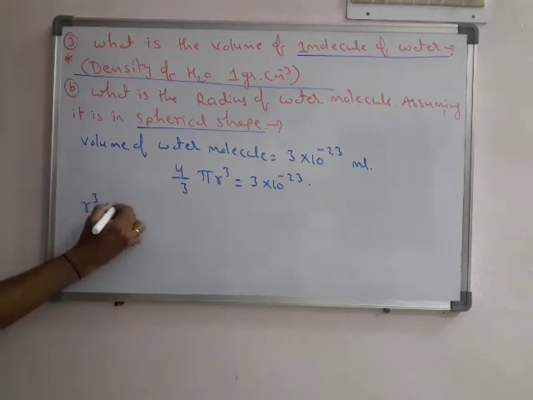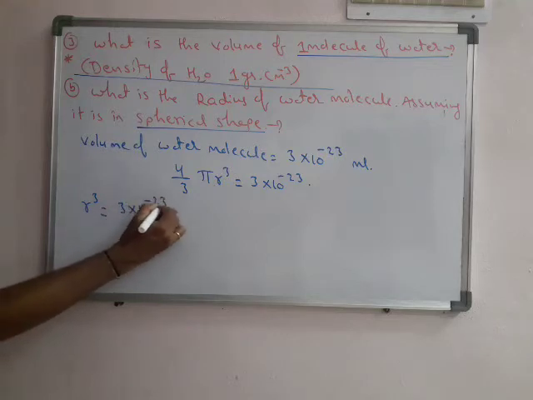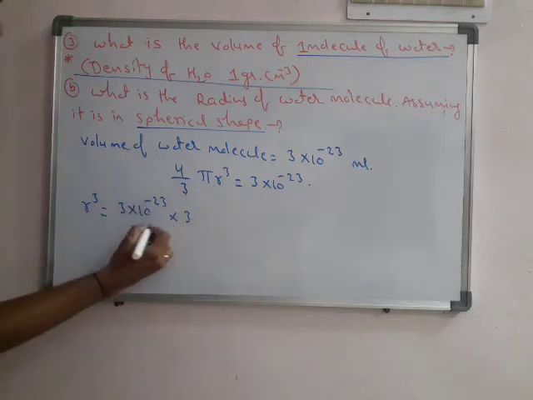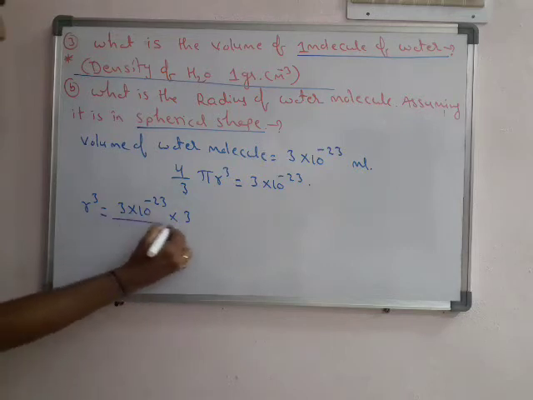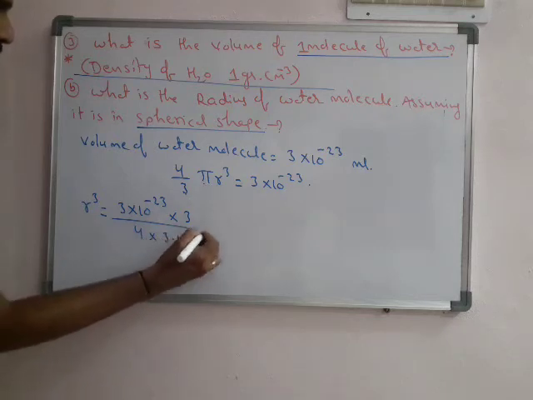So r cube equals how much will you get? 3 into 10 power minus 23, into 3 by 4 into pi. What is the value of pi? That is 3.14.